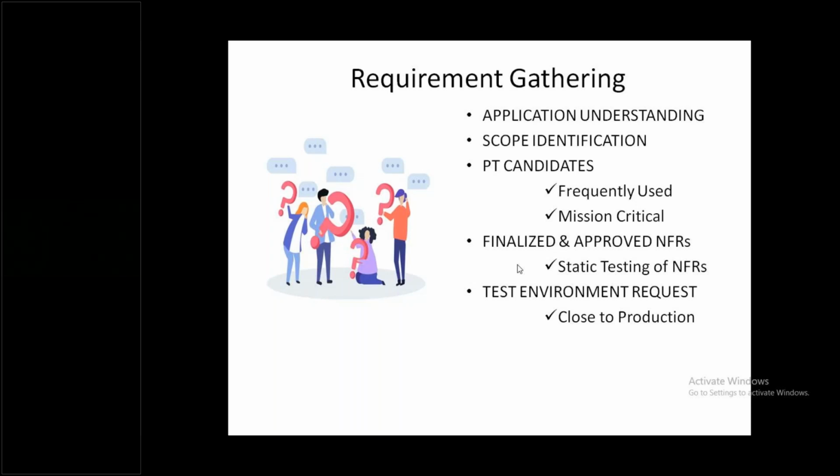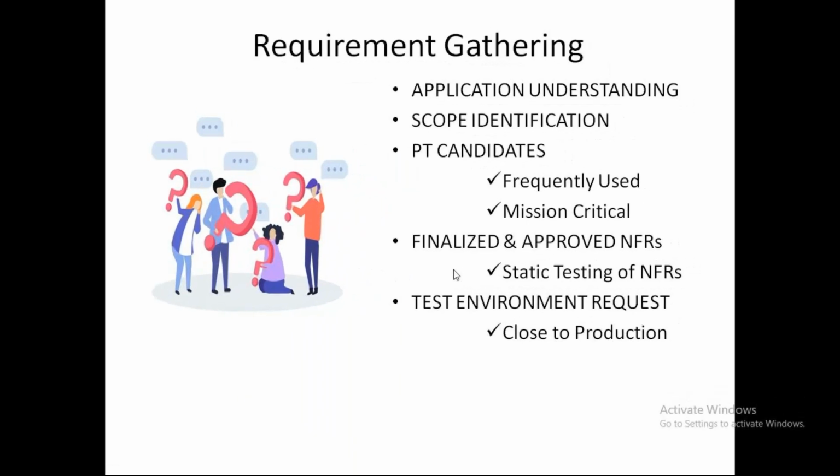Now, if we are going to simulate the production behavior, our environment should also be like production. Now, when I say it should be like production, what does that mean? The hardware specifications like CPU, memory, disk space, and the amount of data in the database, the volume of data basically.